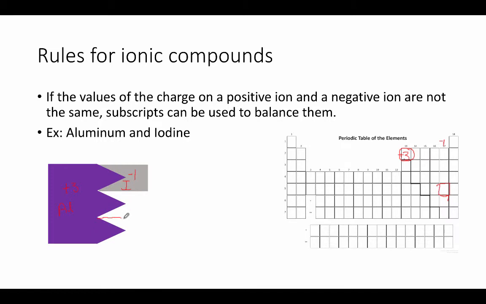If I add one more iodine, we still have one more jagged edge, so I need to add another iodine here, and then I don't have any jagged edges, so I use 3 iodines, 1 aluminum. So then my formula is Al, and I only have one of them, so there's no subscript, and then I, but I have 3 of them, so I need to say that I have 3 iodines.